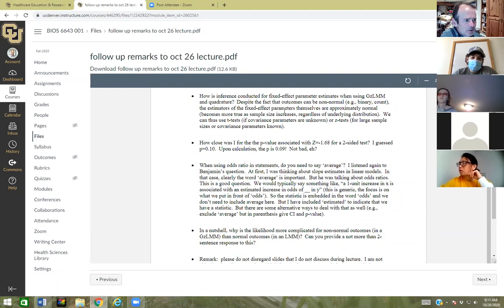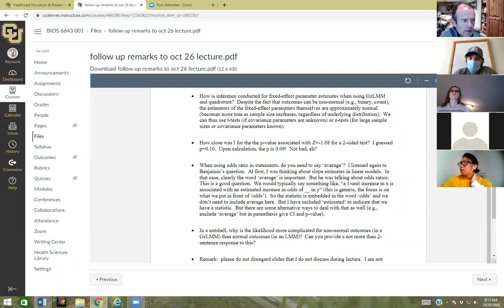That's right, CLT, central limit theorem. Right, so even if we're dealing with non-normal outcomes, which might put that in question, we know if we have a larger sample size, that distribution for those estimators is going to become more normal as the sample size increases.